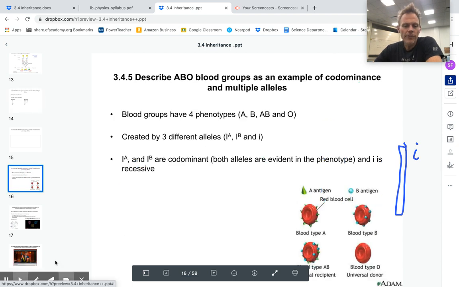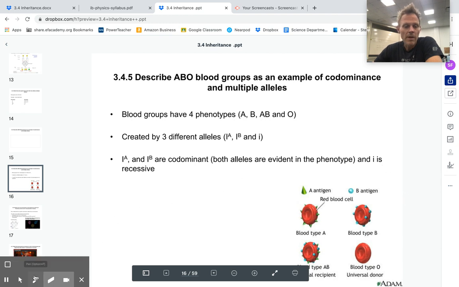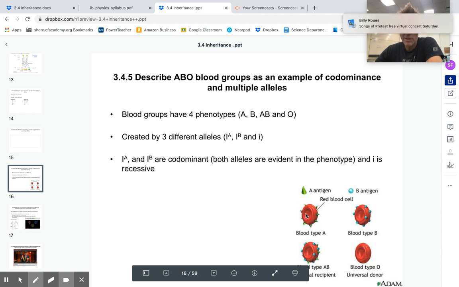So 3.45 says describe ABO blood types and how it's inherited, and also how it's an example of codominance. So if you look at this picture on the bottom right here, you can see that we have blood type A, and it has these green little spikes on it. Not accurate, there's not these green spikes.